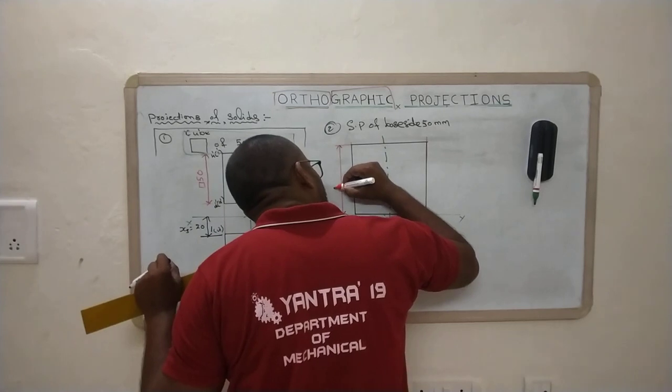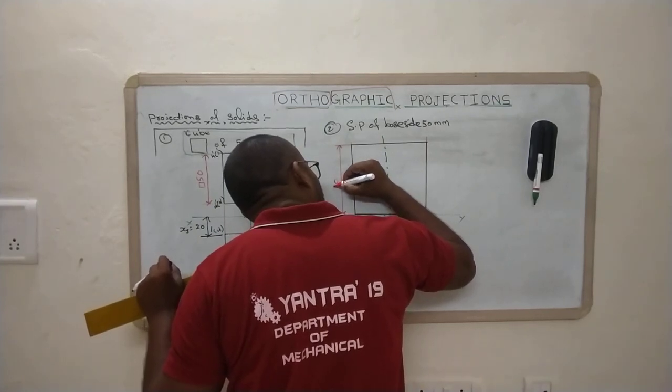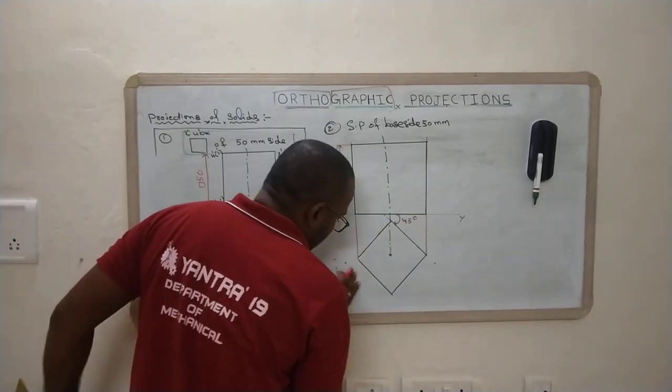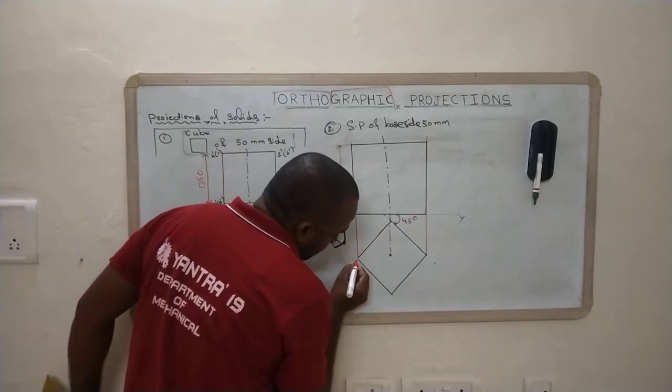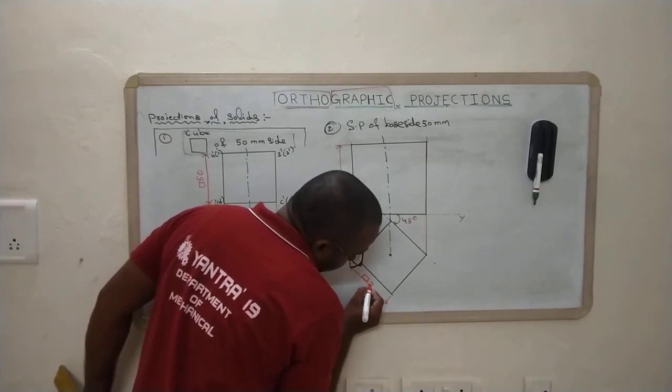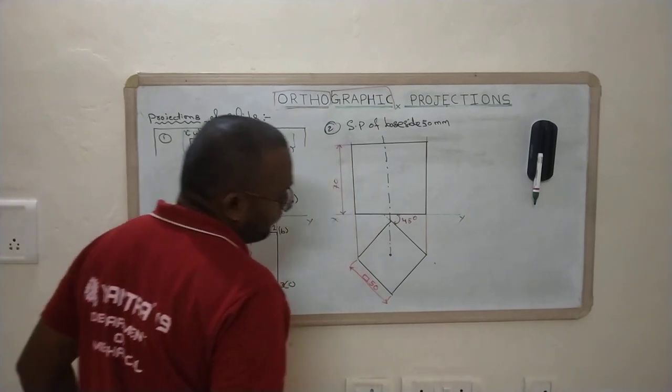Axis height is about 70 mm, and here the base surface is a square of 50 mm.